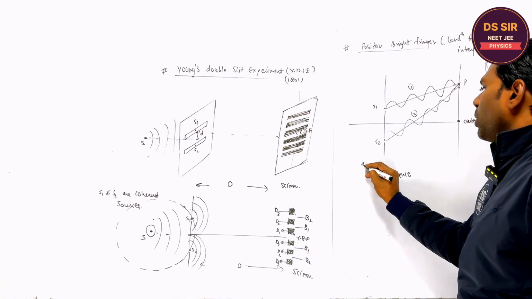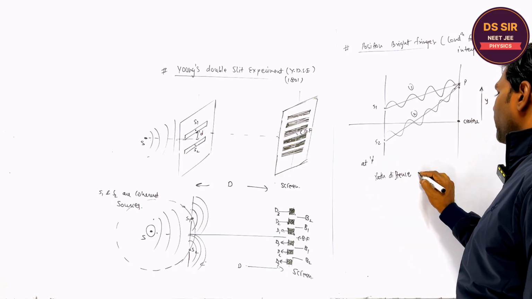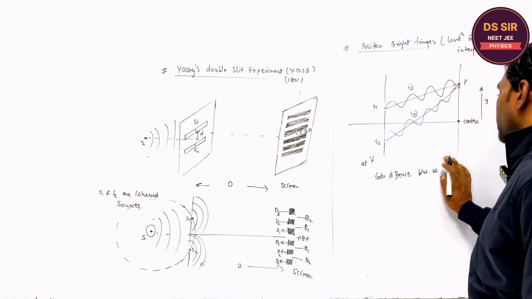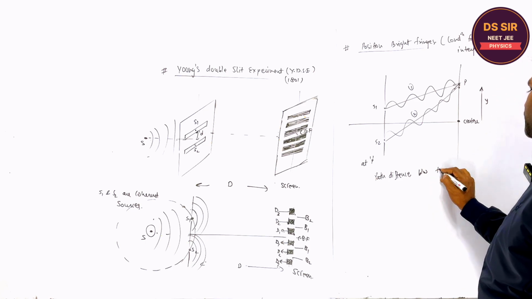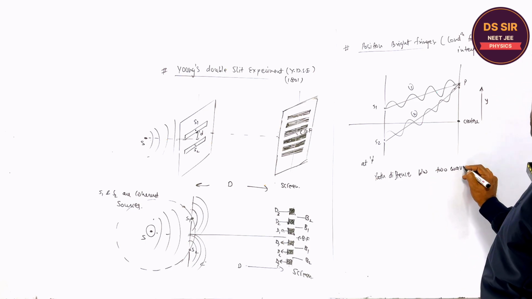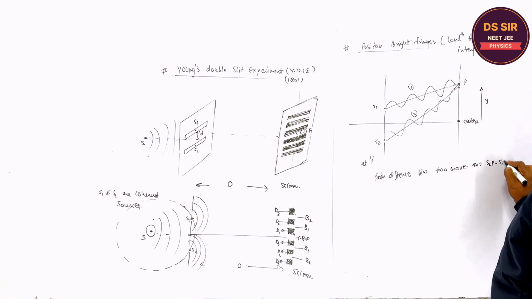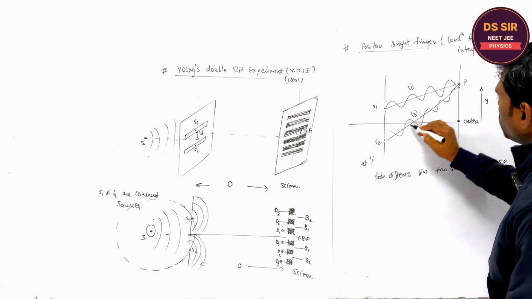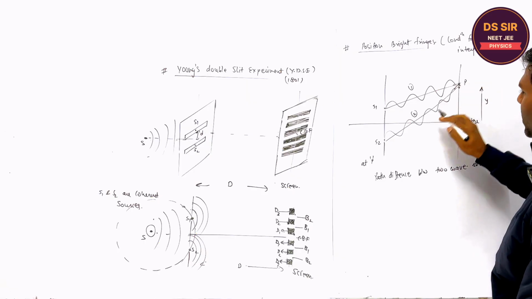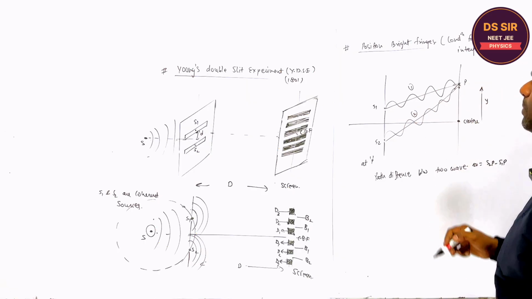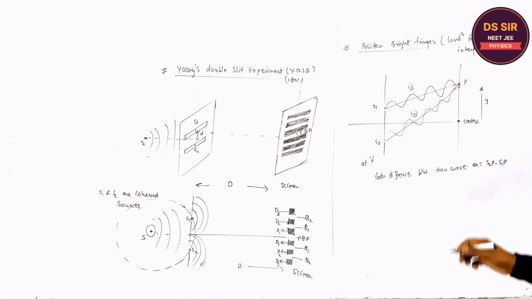At point P, the path difference between the two waves, what is it? S2P minus S1P. S2P is the path traveled by wave 2, S1P is the path traveled by wave 1. So what is their difference?